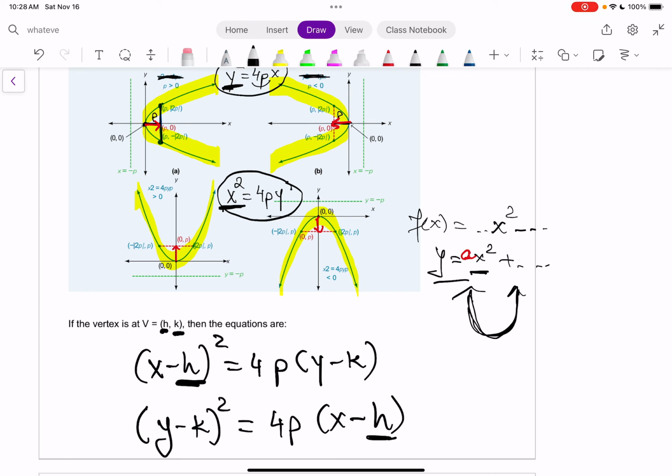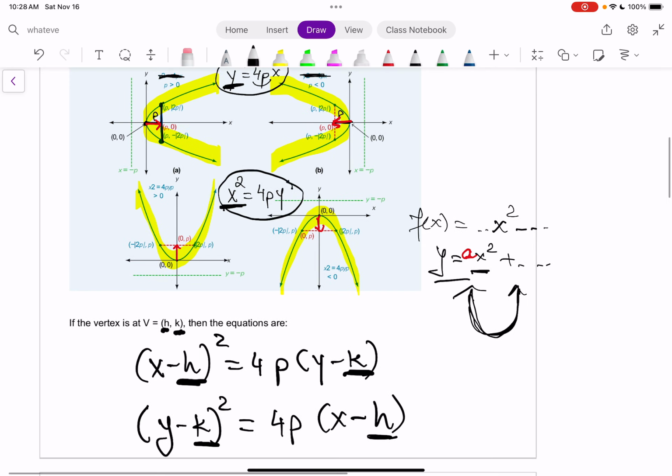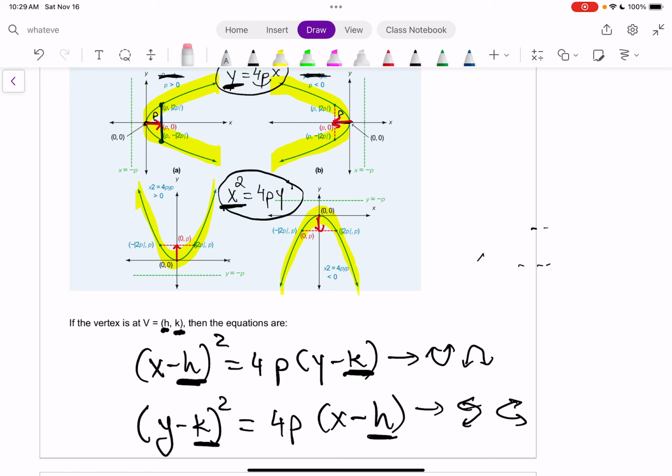The y coordinate of the vertex always has to be subtracted from y. Again, if x is being squared, the parabola opens up or down. If y is being squared, then the parabola opens left or right. And there you have it.